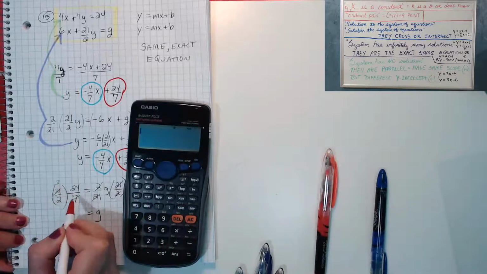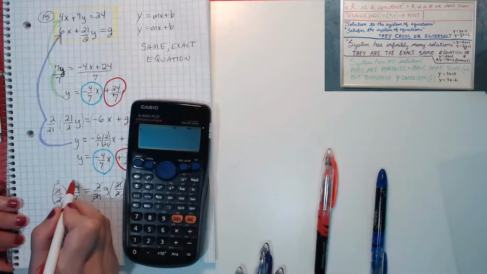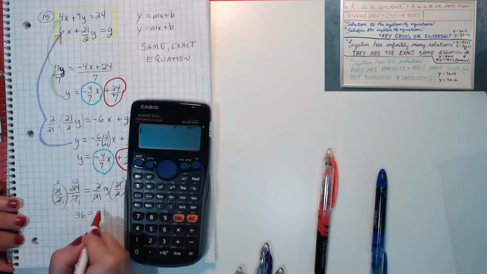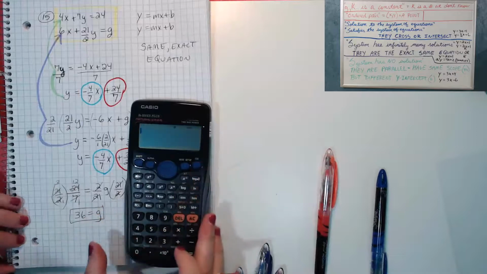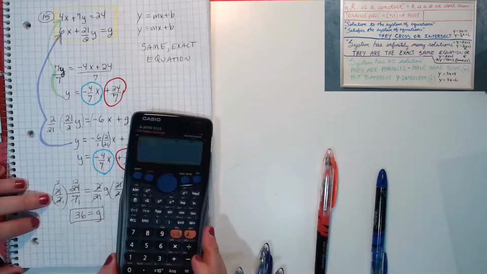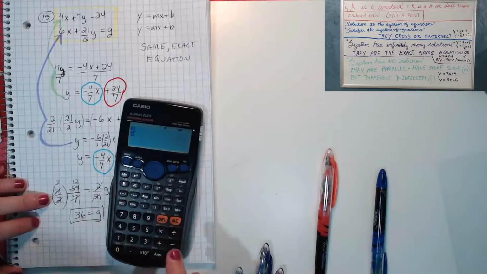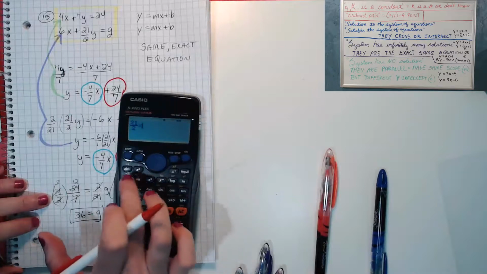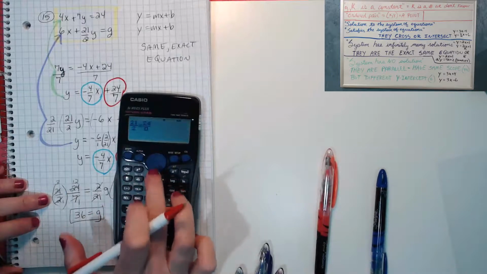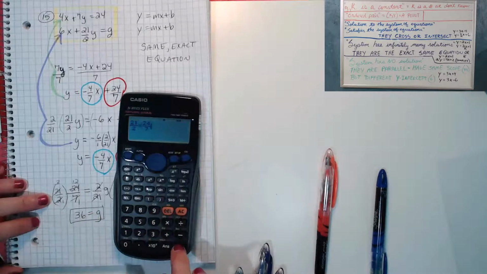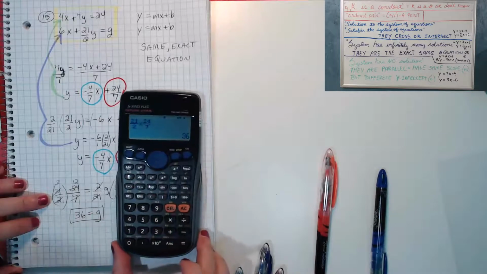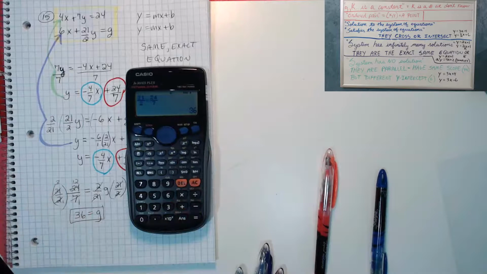I'd make that a 3. 2 and 24, I'd make that a 1. I'd make that a 12. I would get 36 equals g. If you want to do it with the calculator, you would have 21 over 2 times 24 over 7 equals 36. So there's your answer. G is 36.